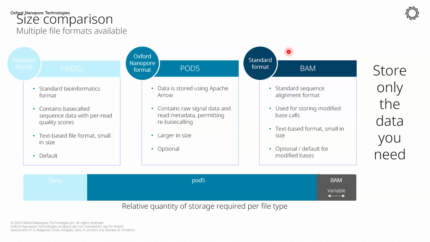It is, I think, very important for your work because you would be doing methylation calling a lot for the cfDNA sequencing. This is also a text-based format. It's smaller in size compared to POD5. And this is the default format for all the modified bases.